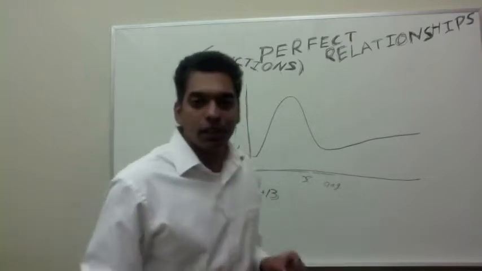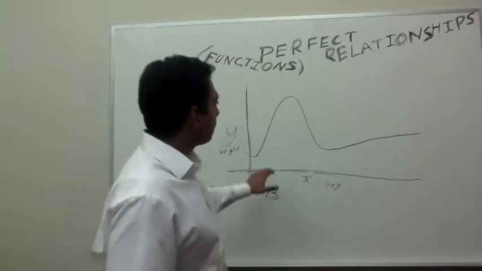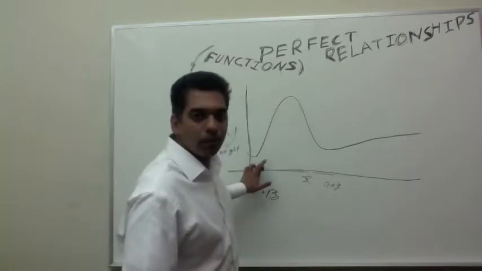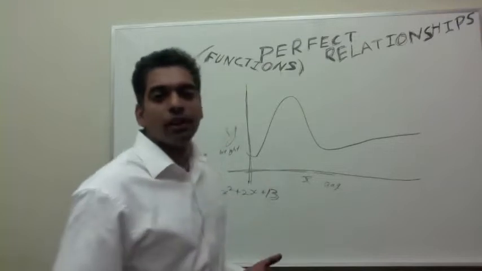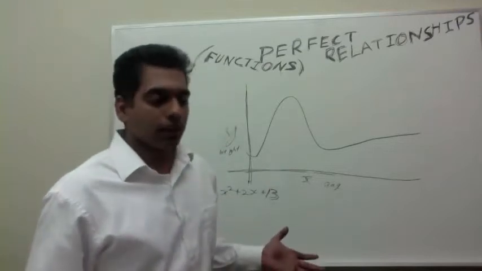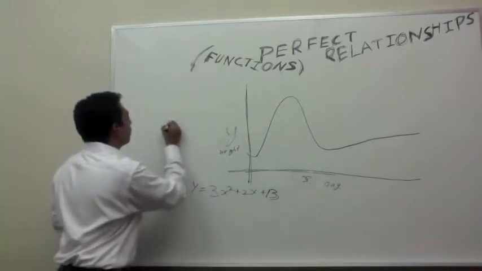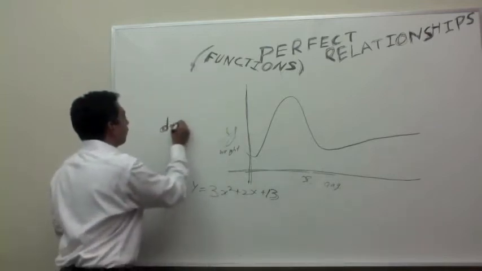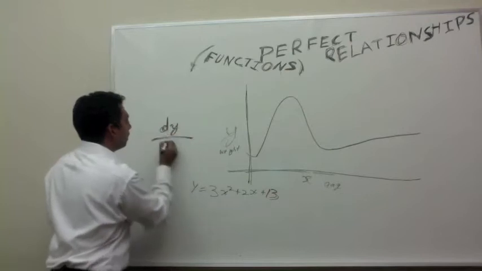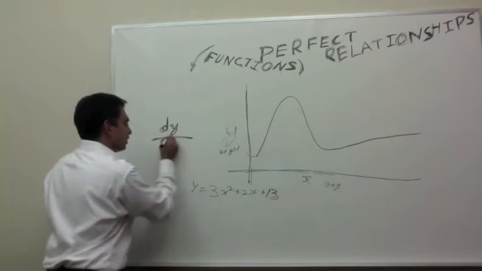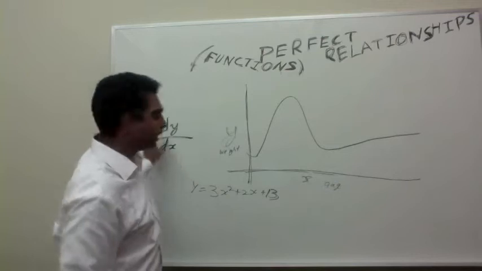This is all you need to remember. My maximum weight and my minimum weight will occur at the point where the derivative of that function is 0. Which means that when dy divided by dx, which is basically the definition of derivative, change in y.